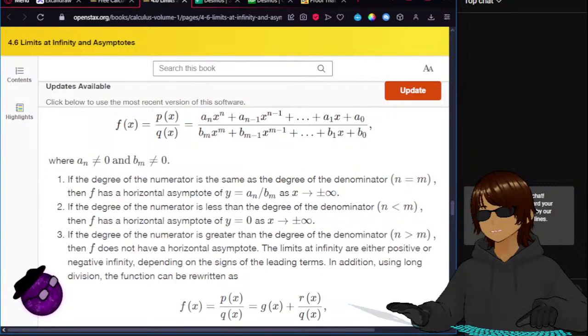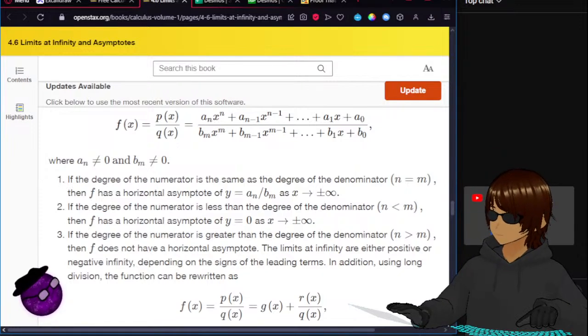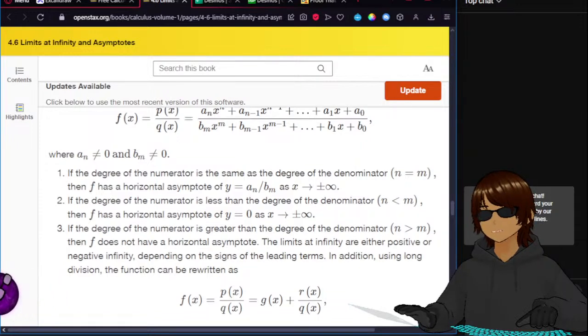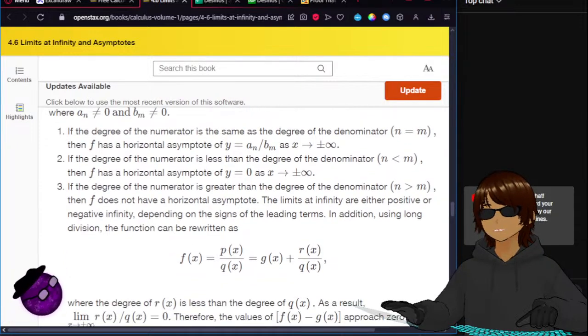If the degree of the numerator is the same as the degree of the denominator, then f has a horizontal asymptote. Alright, that makes sense. If the degree of the numerator is less than the degree of the denominator, then f has a horizontal asymptote y is equal to 0.